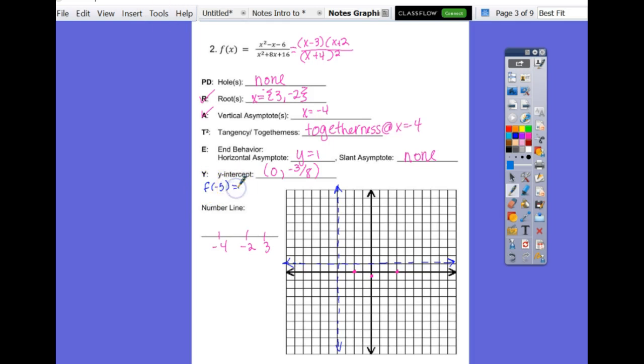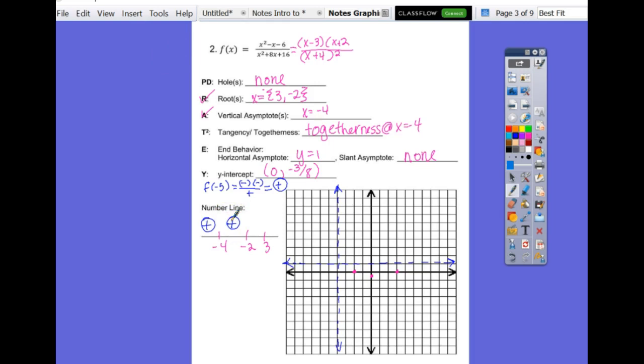If I test -5, I get negative times a negative. Negative squared is positive. So positive divided by positive is positive. So that tells me this is positive. So this one also has to be positive because of the togetherness, right? So this is going to be positive.